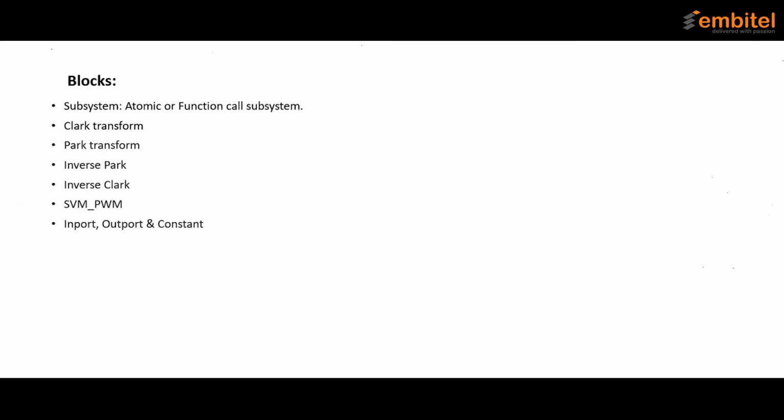So next is the model development. We are developing this model by using Embeddle developed custom library blocks for performing these mathematical transformations like Clark transform, Park transform, inverse Park, inverse Clark, and also the PWM generation SVM block. The other blocks we need are input, output, and constant block.